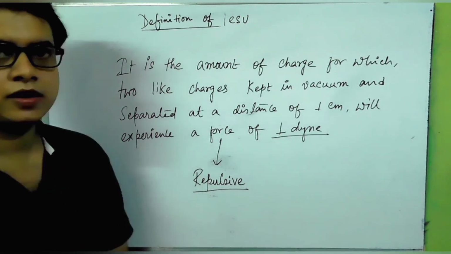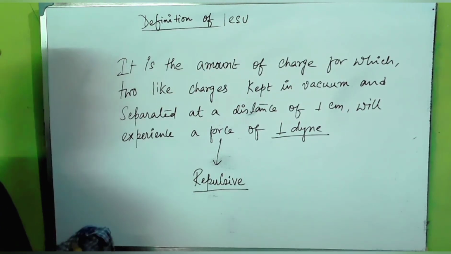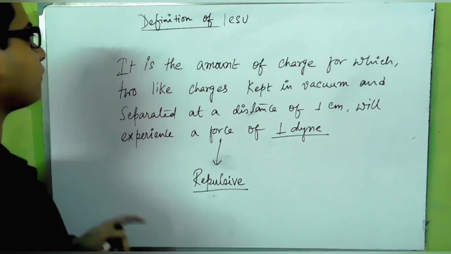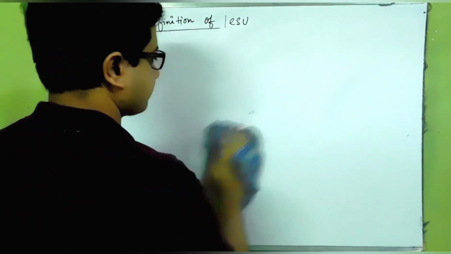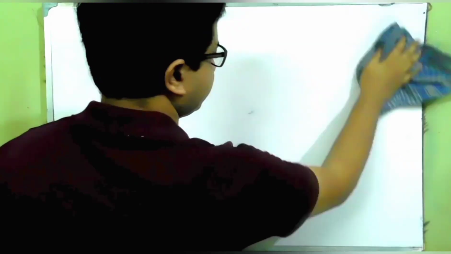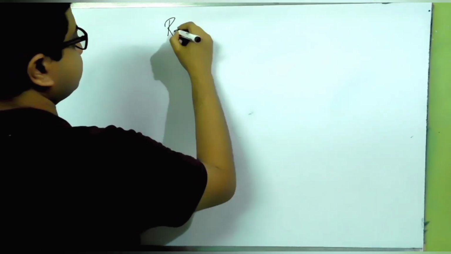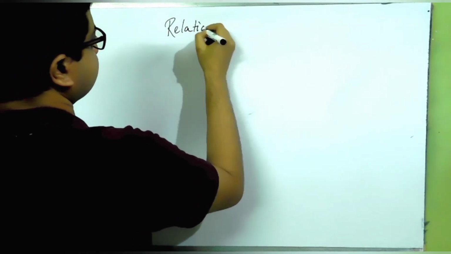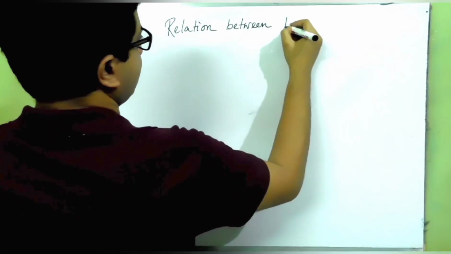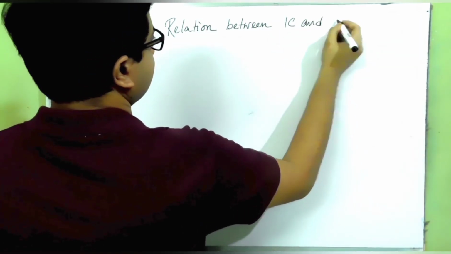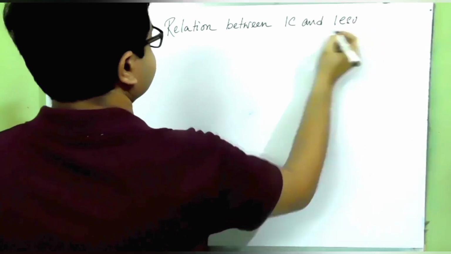Now we are going to derive the relation between 1 Coulomb and 1 ESU. So our definition part is over. Now it is time for the relation between 1 Coulomb and 1 ESU.